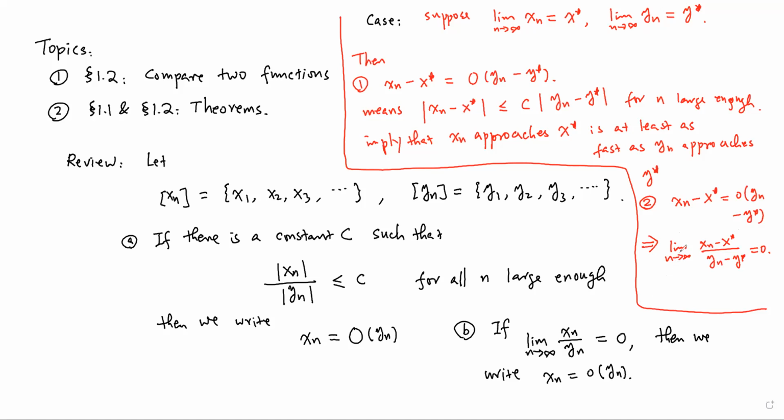That means xn converges to x star faster than yn converges to y star. Do you agree? This is a review about the comparison of two sequences.